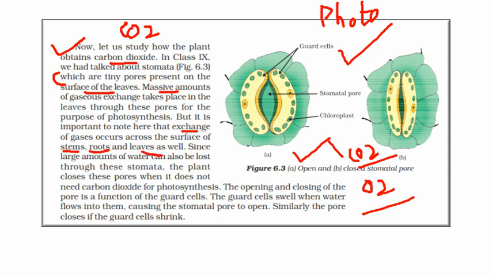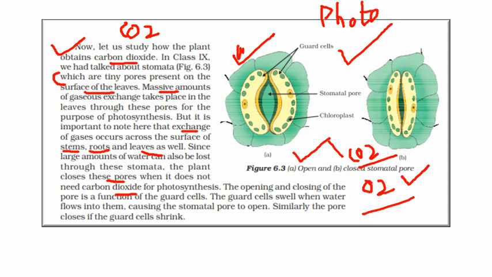Clear? And a large amount of water can also be lost through the stomata, and the plant closes this pore when it does not need carbon dioxide. That's why we call it a closed stomatal pore.